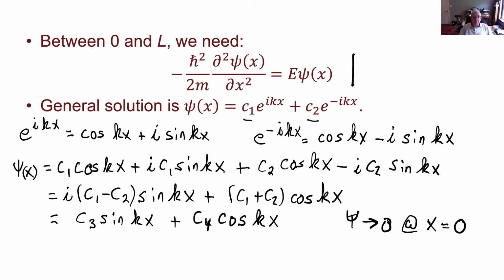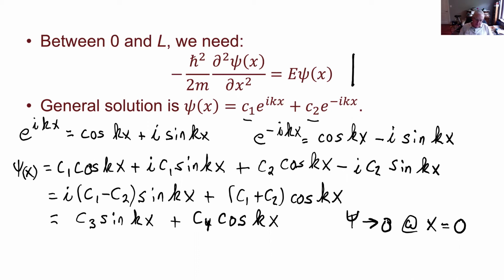So for that to be true, if I look at this function, that means that I have to get rid of the cosine term, right? If x goes to 0, then kx is 0, and cosine of kx would then go to 1. So if C4 is anything other than 0, then this function will not go to 0 when x goes to 0.